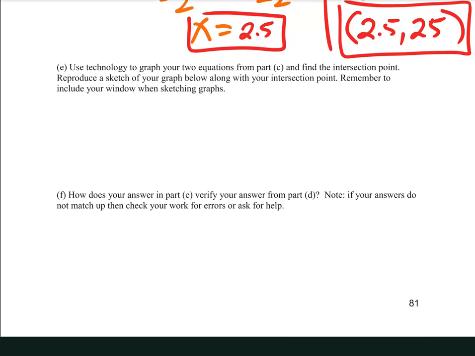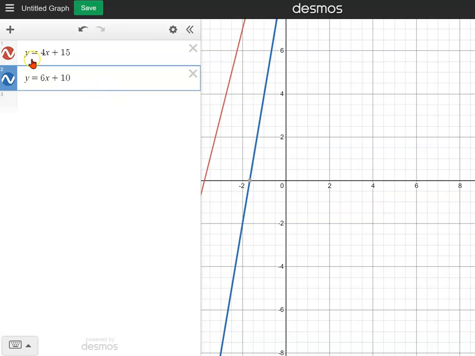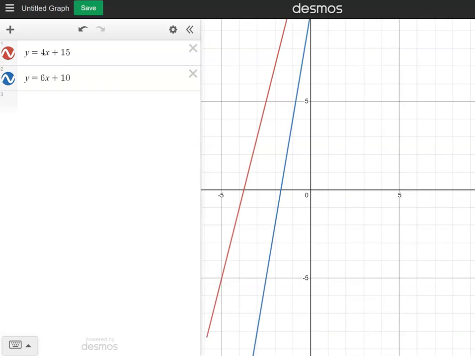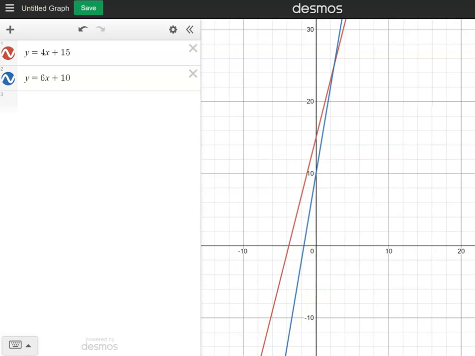Okay, letter E, use technology to graph the two equations from part C and find the intersection point. So here type the two equations, y equals 4x plus 15 for company A and y equals 6x plus 10 for company B. And you'll see here their point of intersection.